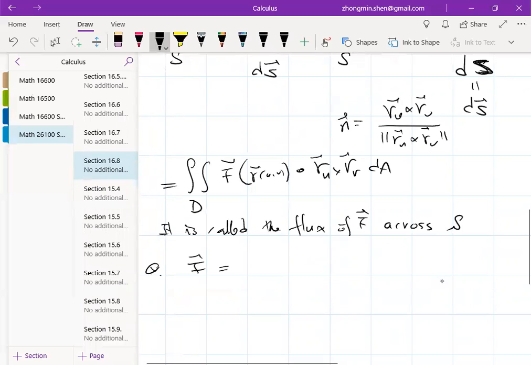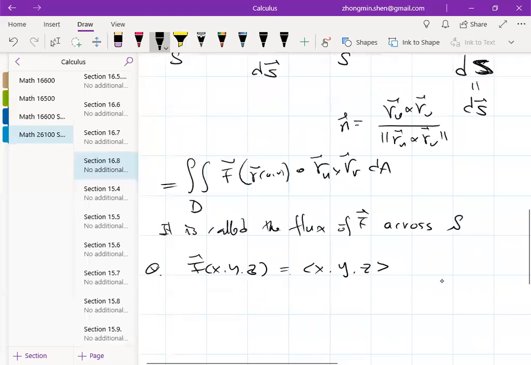F is a special vector field defined in space. Of course, it can be only defined on the sphere. At the point x, y, z, it's going to be x, y, z.